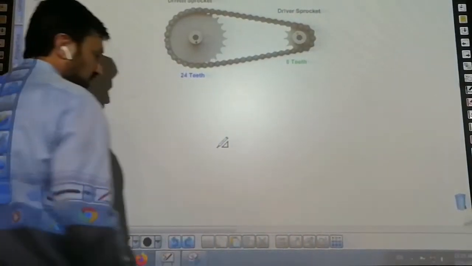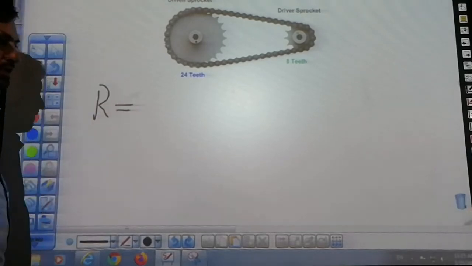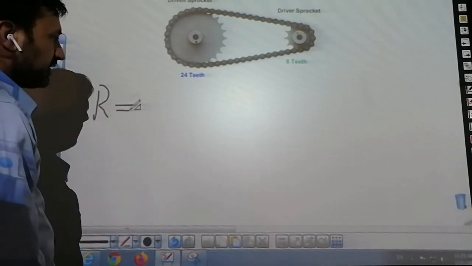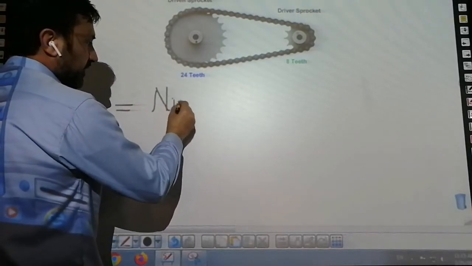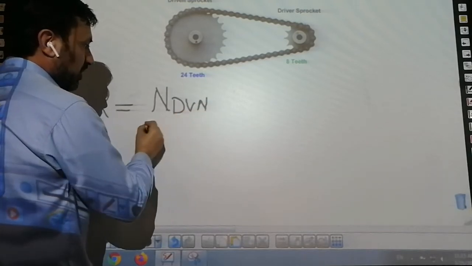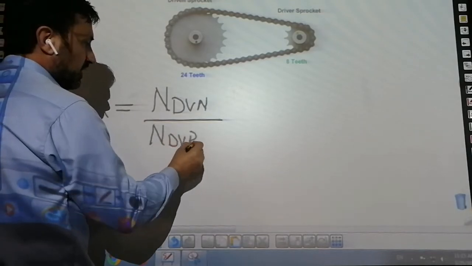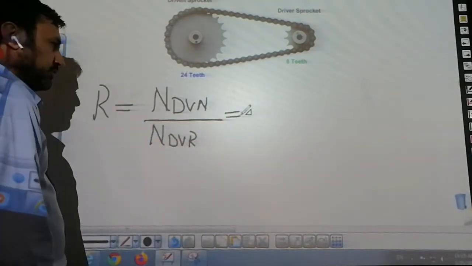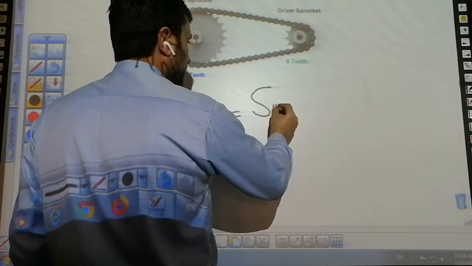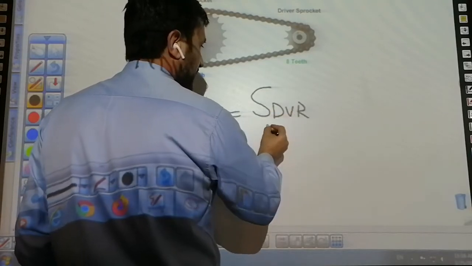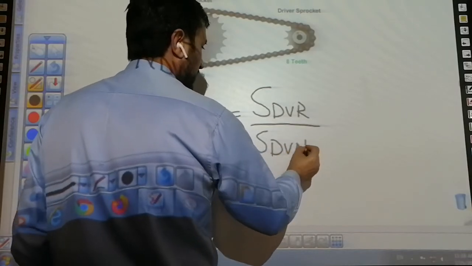Now sprocket ratio in terms of speed and number of teeth is equal to number of teeth of the driven sprocket N dvn over number of teeth of the driver sprocket N drv. In terms of speed, the sprocket ratio is S drv, speed of the driver, over speed of the driven, S dvn.